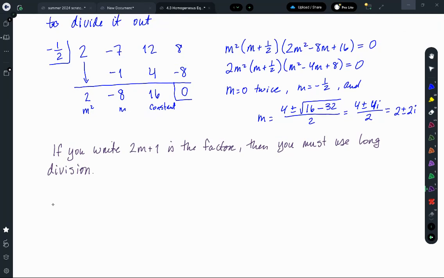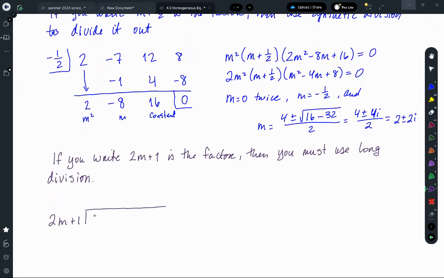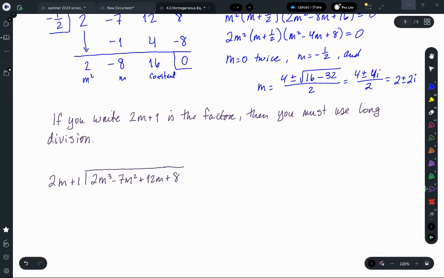So we would be trying to divide out 2m plus 1 from that polynomial up above, which I have its coefficients there. It's 2m cubed minus 7m squared plus 12m plus 8. Okay, so what we do is we focus on the first term of the dividend, and we ask ourselves, what would I multiply 2m by to get back 2m cubed?